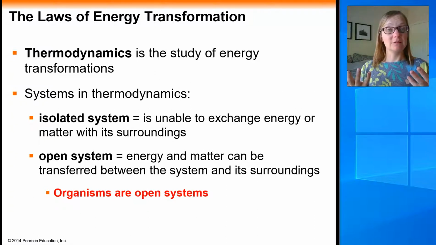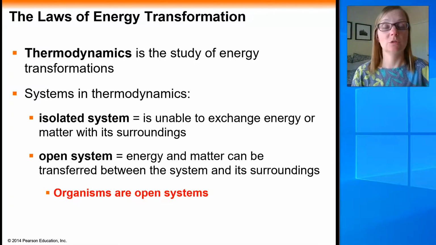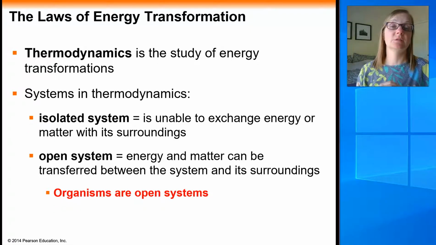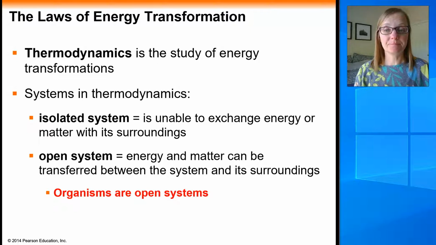You give off heat, a form of energy that dissipates from your body and goes off into the surrounding environment. So you have the ability to exchange both energy and matter with your environment. So by definition, all organisms are considered to be open systems. Otherwise, we wouldn't be able to sustain a living state.